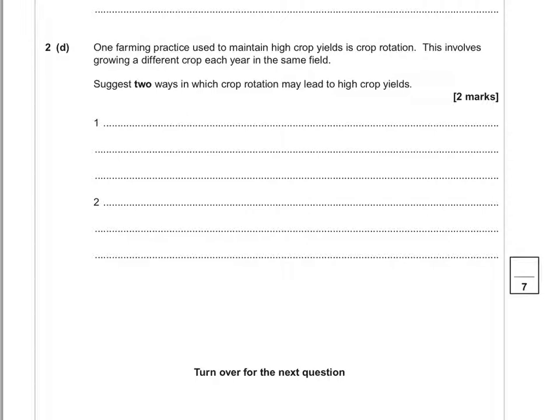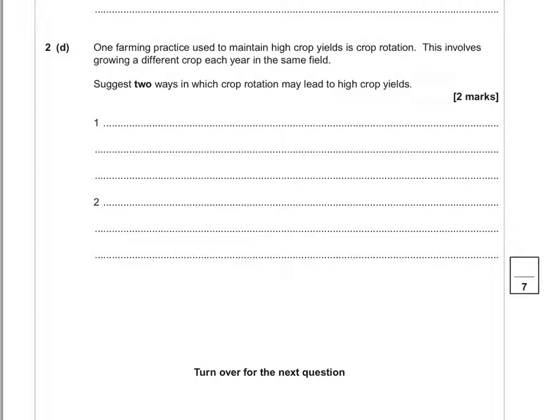Quite a few answers you can give here, but basically you're growing crops that have high nitrogen fixing bacteria. Also you've got different minerals and salts and nutrients from the different crops you use, and also you're not going to have residual pests remaining in the soil from year to year because you're using different crops.